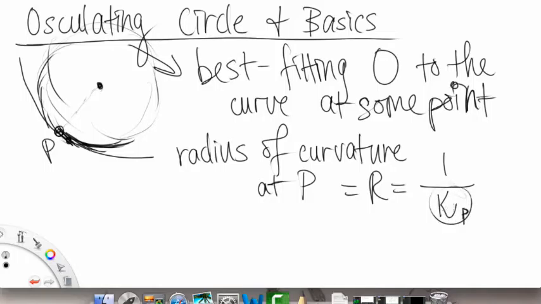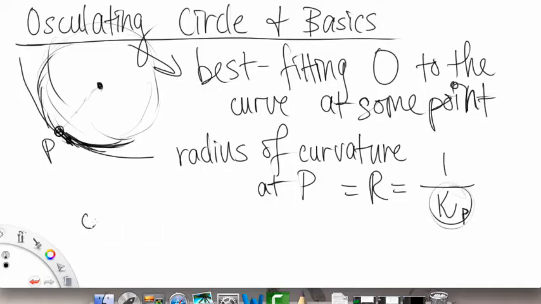This is the curvature we've been talking about this entire time. Once you solve for the curvature, you take the reciprocal of it, 1 over whatever number you get, and that's going to be your radius of curvature.